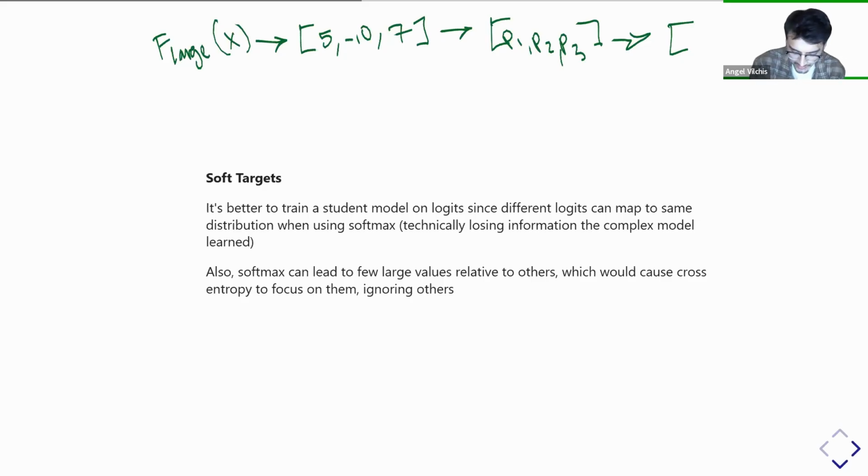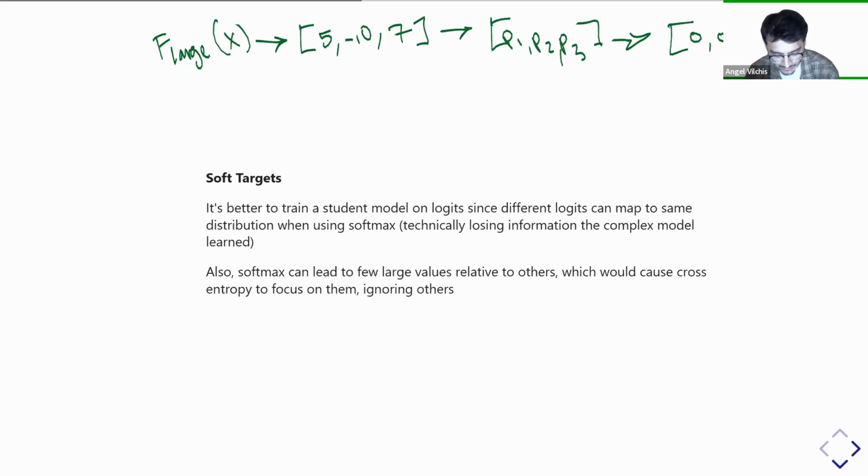We would label this with the large model as 0, 0, 1, because P3 is the most likely one. So we have now just labeled this unlabeled data. It is belonging to the third class. So that's how model compression works. This is how we label the unlabeled data with the large model.